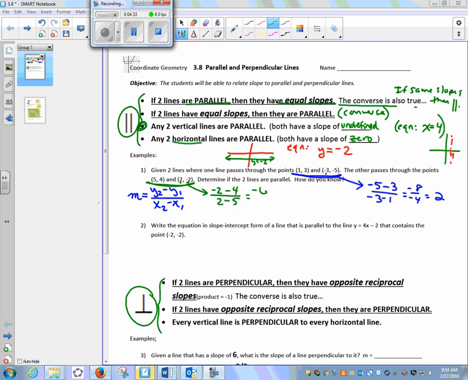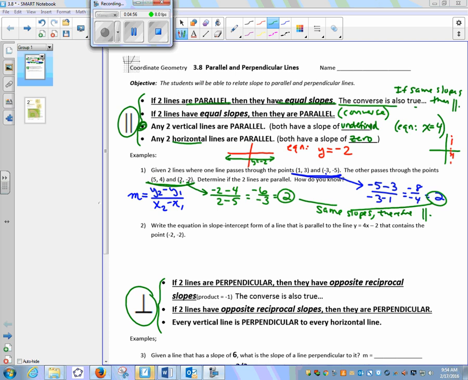You've got -6 over a -3, and that's a +2. So, since they both come out to 2, same slope, or equal slopes, therefore, they are parallel.